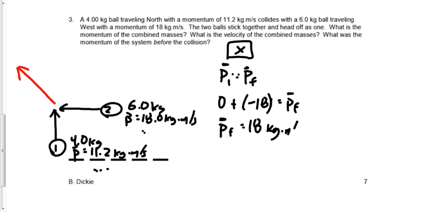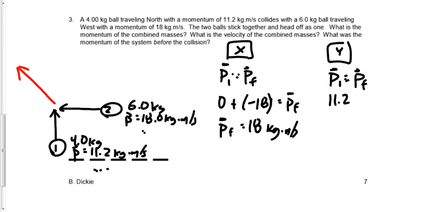And then we'll do the same thing for the y's. Again, clearly indicate that you're doing the y component. PI is equal to PF. Usually we'd say M1V1I plus M2V2I equals mass total times VF, but why don't we just say 11.2?